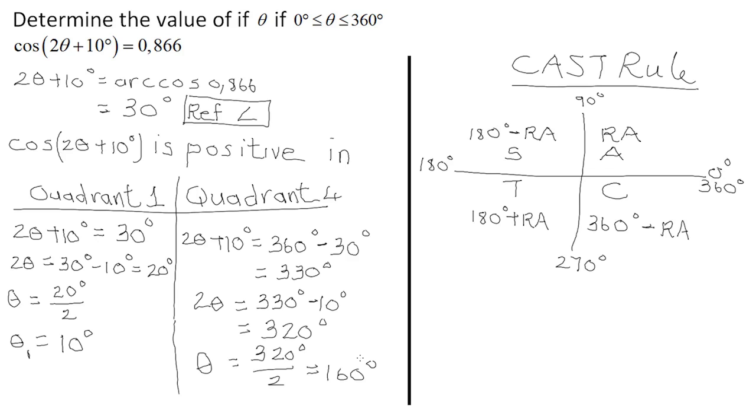So the values for theta between 0 and 360 degrees in the first quadrant is 10 degrees, and in the fourth quadrant, second value, you can say theta 2 is 160 degrees. Now, people, just do yourself a favor, because sometimes you come out of the exam and you just say, I don't know.